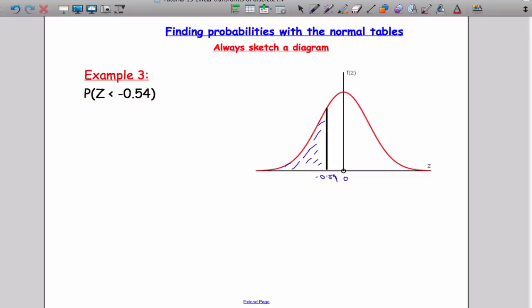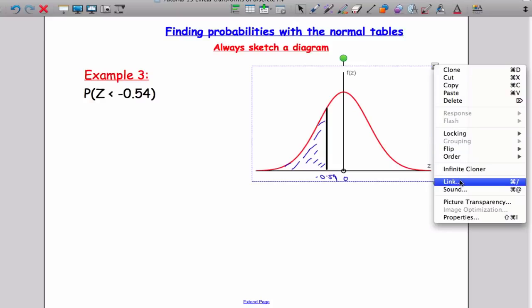But we have a little bit of a problem, and that's the fact that my normal tables actually start from 0. They only give positive values. So here's an opportunity to actually use the symmetry of the curve.